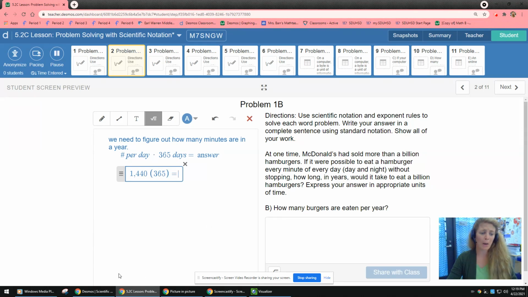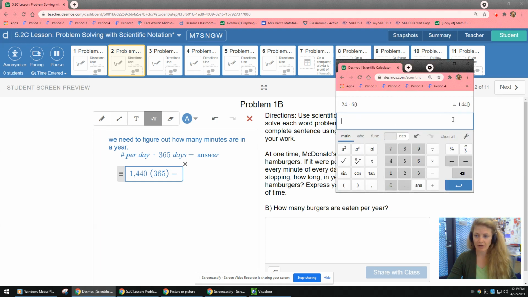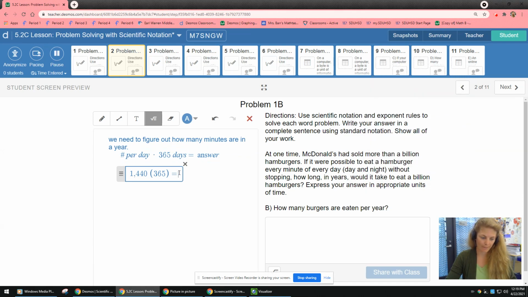And again, go ahead, pull up that calculator. We already have 1,440 in there, so I can just put times, oh, I guess it didn't save it. So 1,440 times 365, and we press enter. We get 525,600.